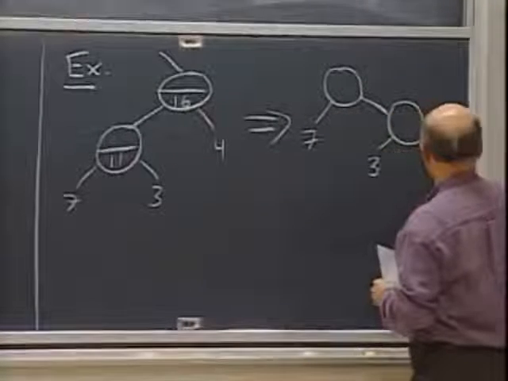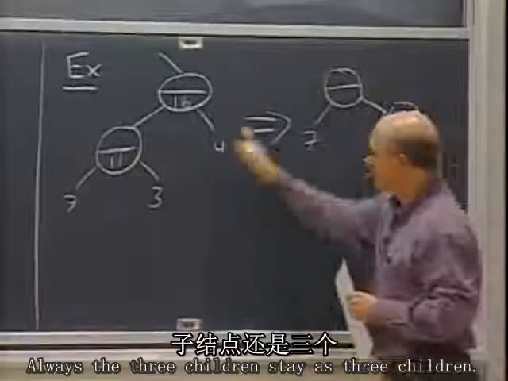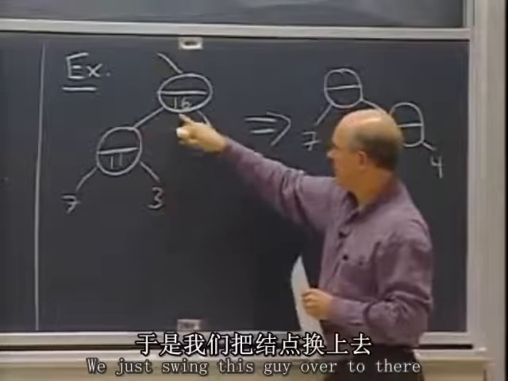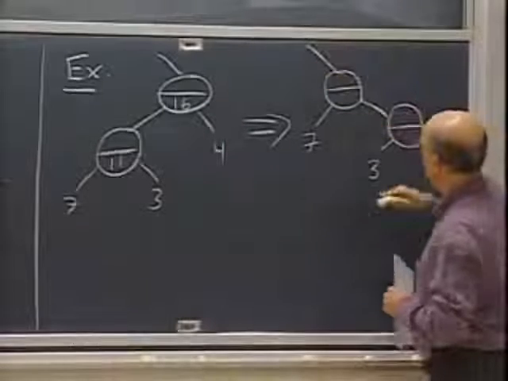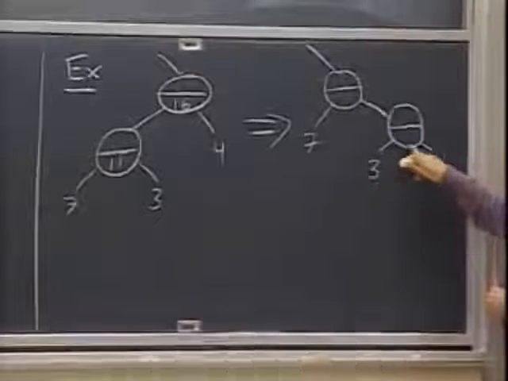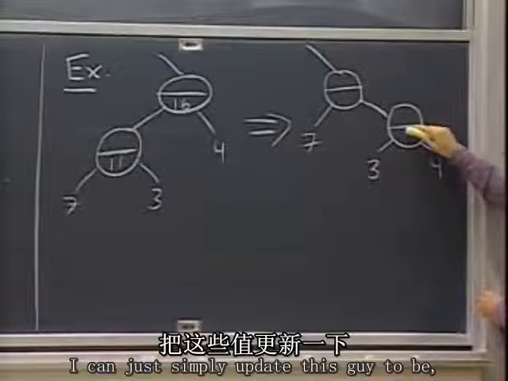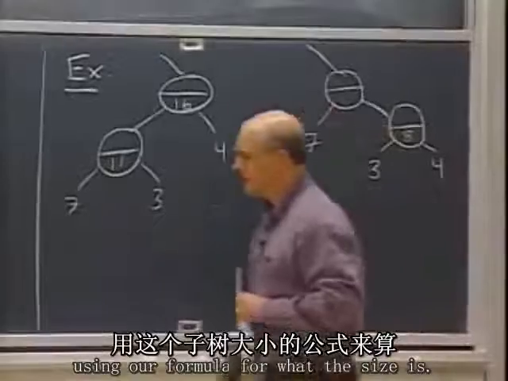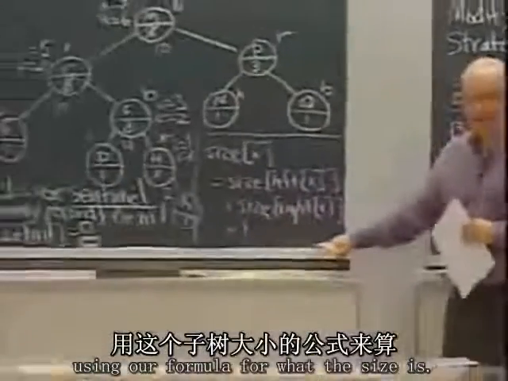So always the 3 children stay as 3 children. We just swing this guy over to there and make this guy be the parent of the other one. And now the point is that I can simply update this guy to be 8, 3 plus 4 plus 1, using our formula for what the size is.